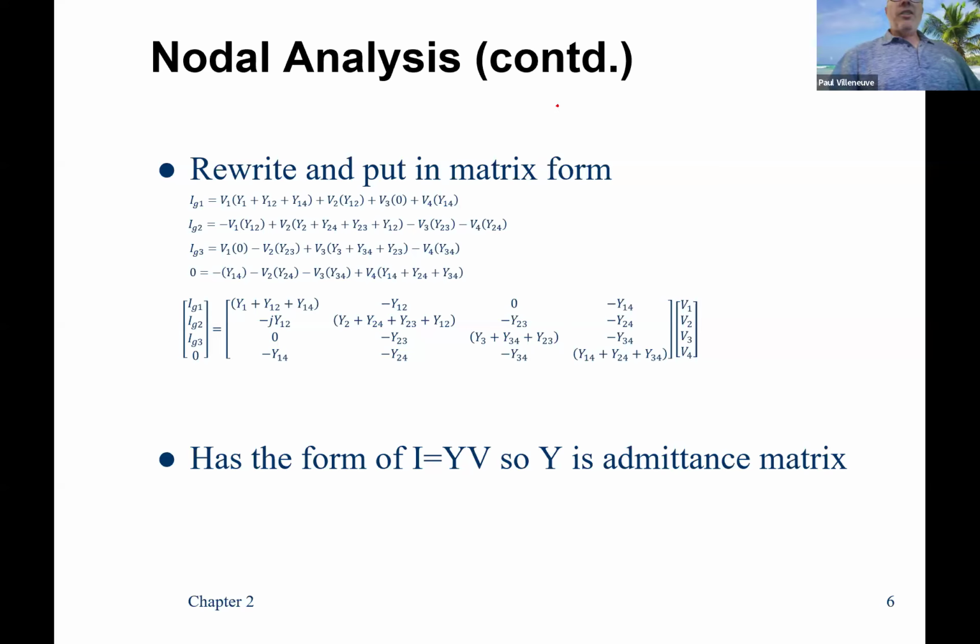So for our self admittance, that's the sum of all touching admittances.